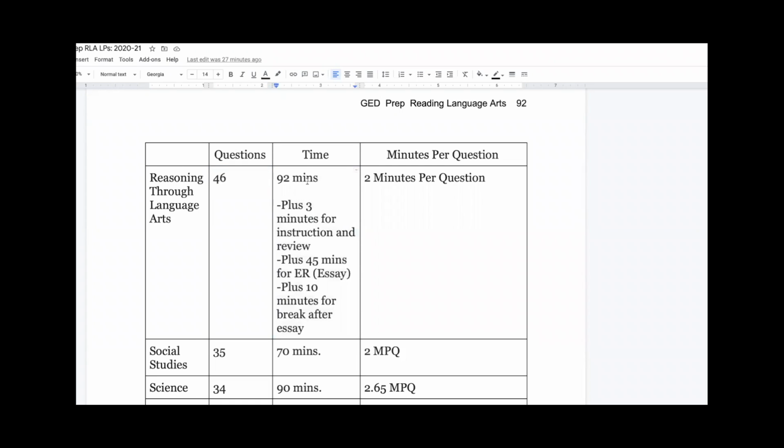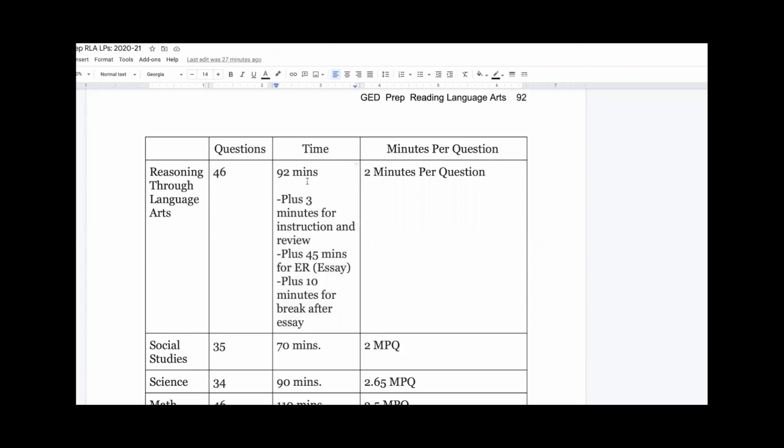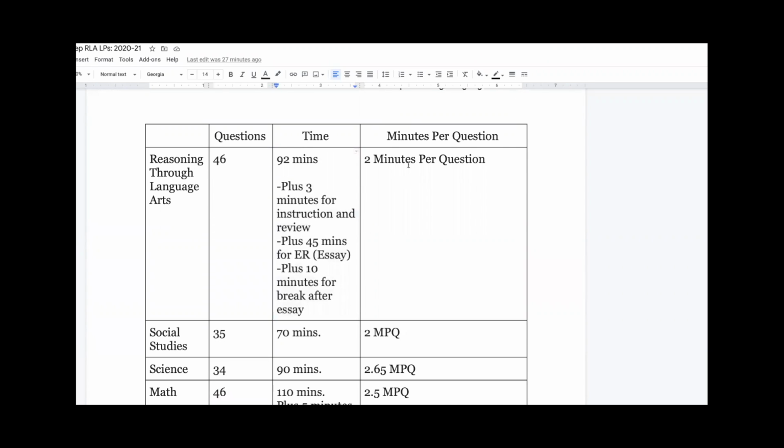With 92 minutes, you're looking at about 2 minutes per question on parts 1 and 3. I said that wrong earlier. Part 2 of the language arts is the essay. So parts 1 and 3, 2 minutes per question.